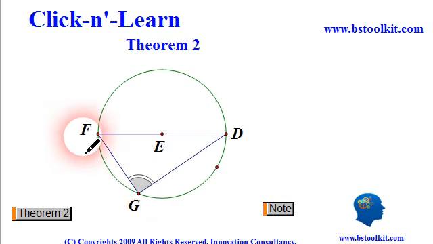Well, we know, for example, that at the center of this circle, we have a straight angle. So we have this straight angle here, then we have another. We know that this straight angle is equal to 180 degrees, and this other straight angle here is equal to 180 degrees.